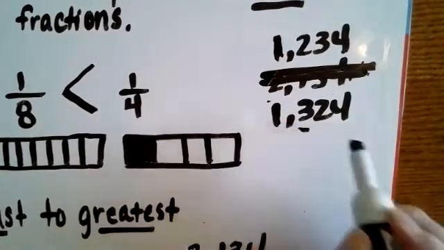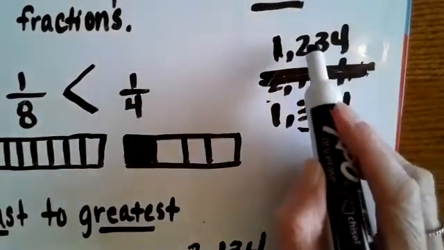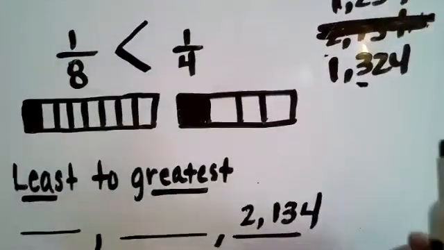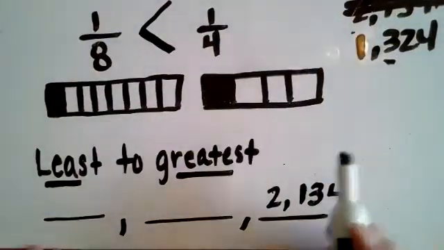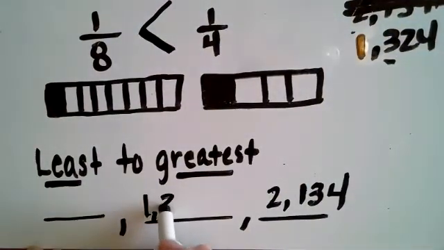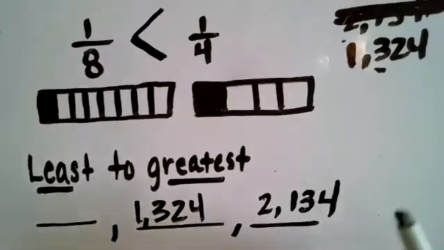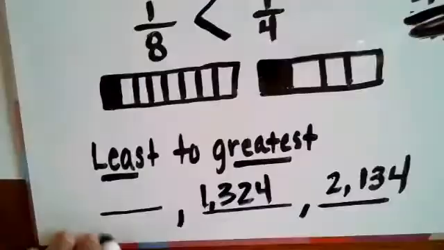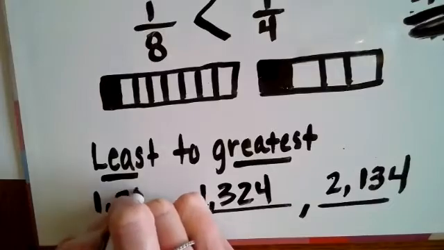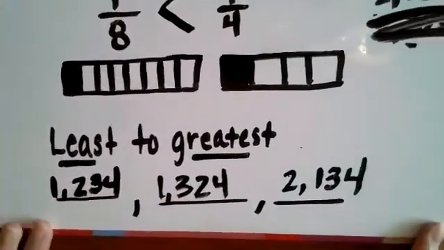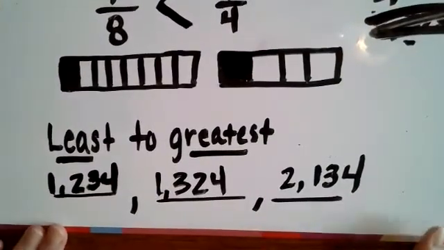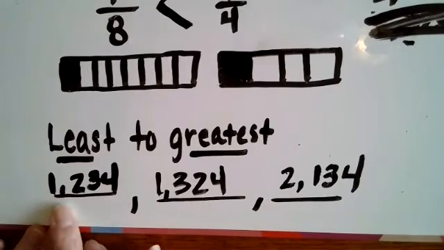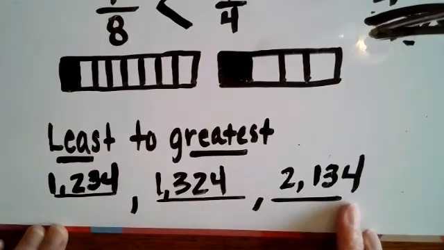A standard number with a 3 in the hundreds place would be more than a number that has a 2 in the hundreds place. So I know my next smallest number, followed by, of course, all that is left. So we just reviewed how to take whole numbers written in standard form and write them in order from least to greatest.